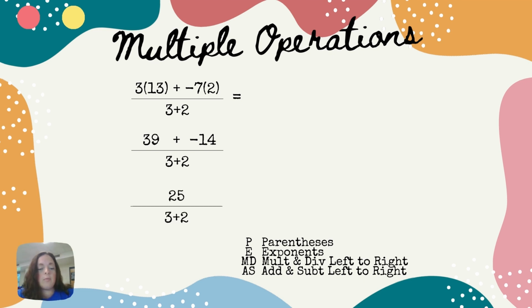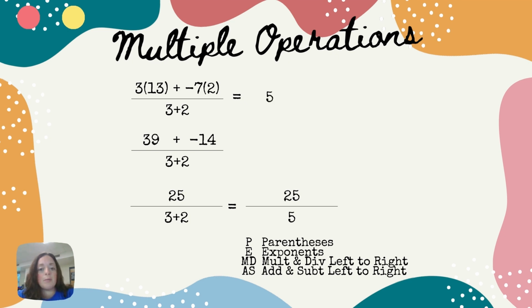And there's another addition problem we need to do, the 3 plus 2. That's 5. So we can rewrite this as 25 over 5. And finally, we're left with a fairly easy problem to do. 25 over 5 also means 25 divided by 5. So 25 divided by 5, and I notice they're both positive, is going to give us positive 5.